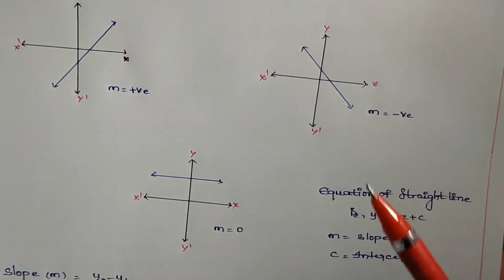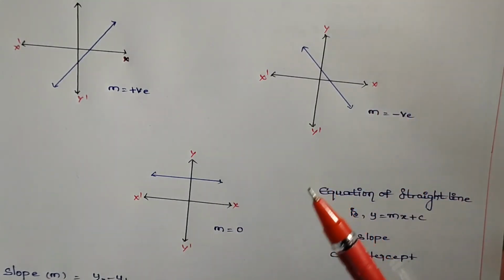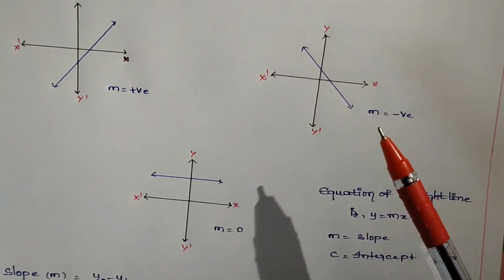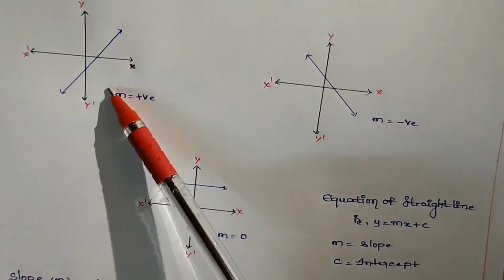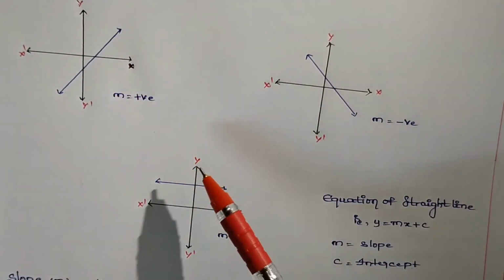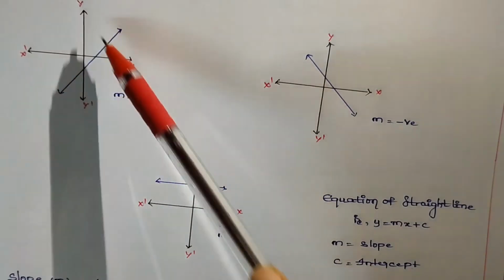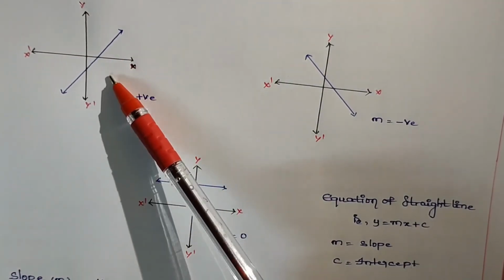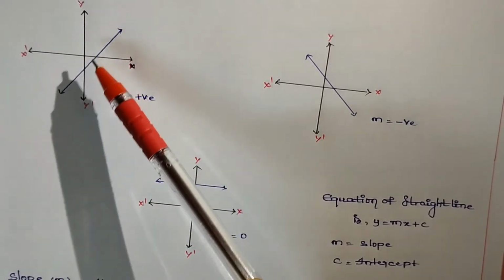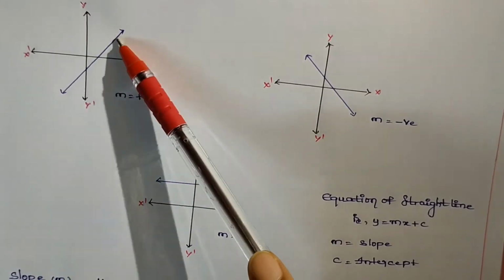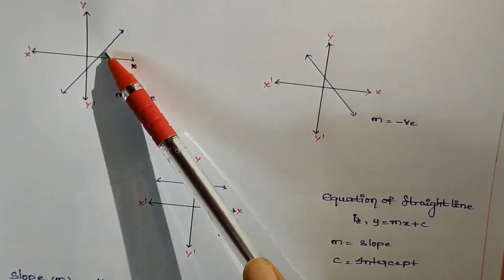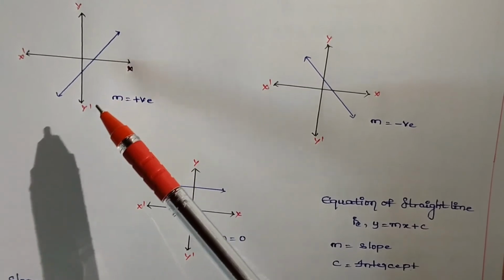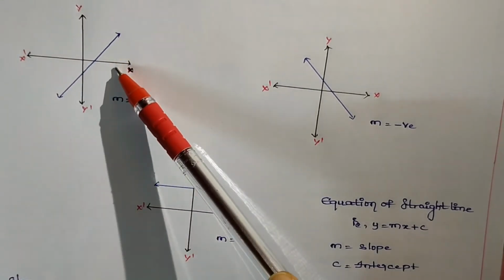Slope of any line remains constant along the line, and the slope can be calculated either by looking at the graph or by using the coordinates. This is the coordinate system. By using the coordinates of any 2 points on the line, we can tell the slope. By seeing the graph itself, we can also tell the slope.